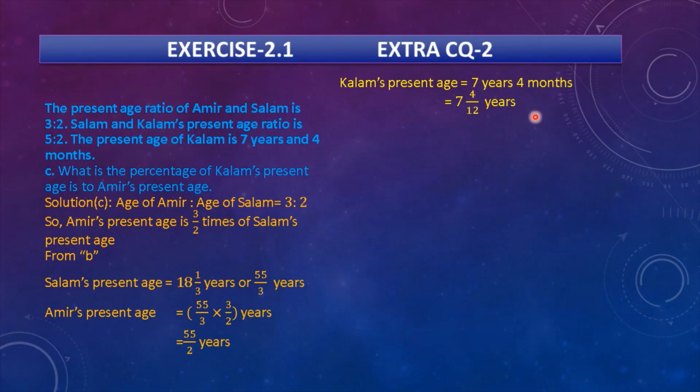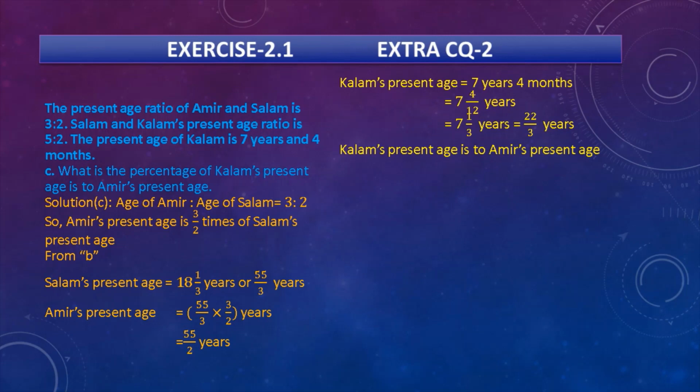As I am saying, if you want to convert from months to years, you have to divide. So 4 divided by 12, and if we reduce, we get 7 whole 1 divided by 3 years. If we convert the mixed fraction to a common fraction, we get 7 multiplied by 3, that would be 21, plus 1, that would be 22 divided by 3 years, my dear students.